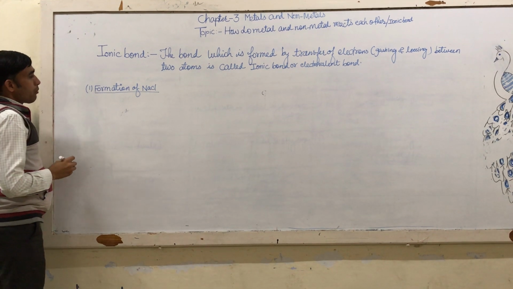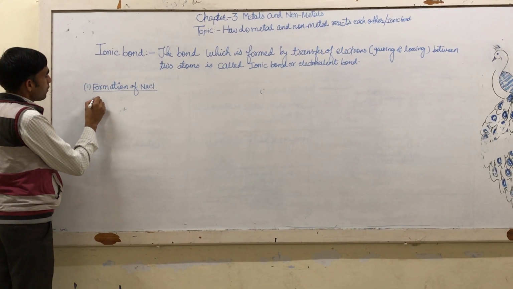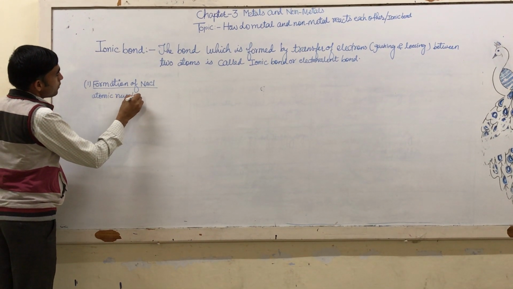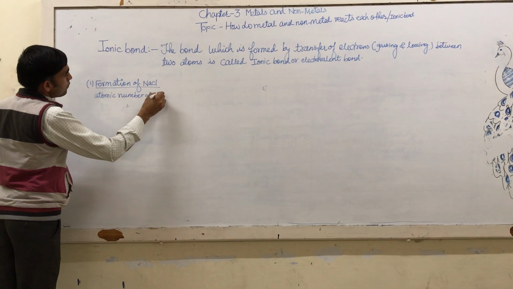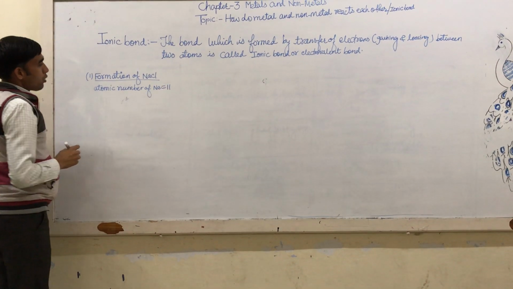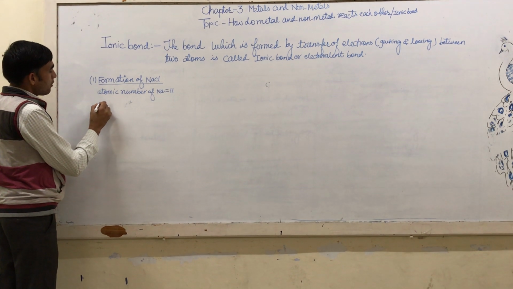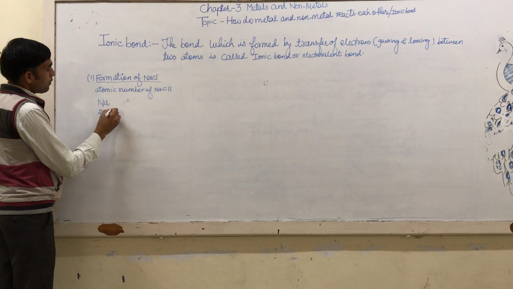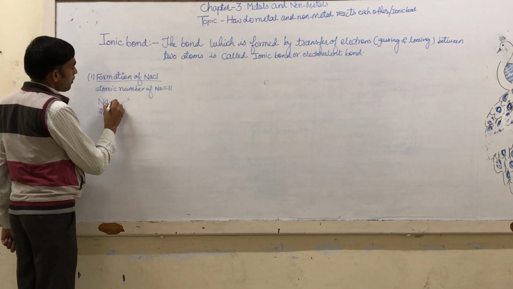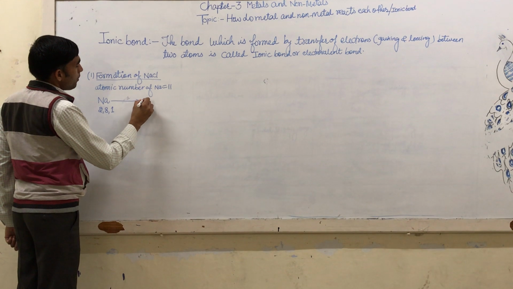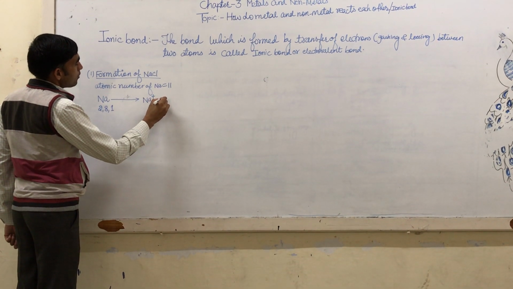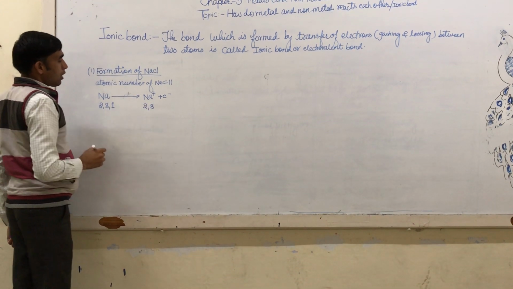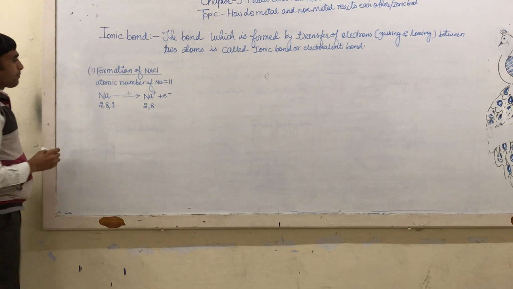We know that the atomic number of sodium is 11, so sodium, 2, 8, 1, forms the Na plus ion by losing 1 electron, so the electrons in the sodium ion are 2 and 8.